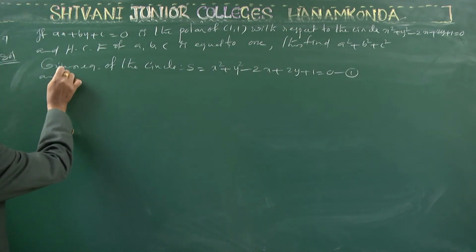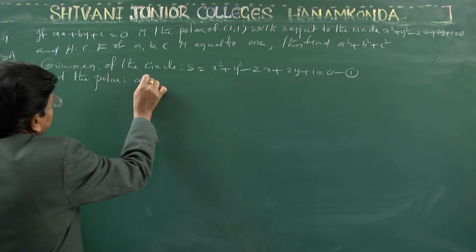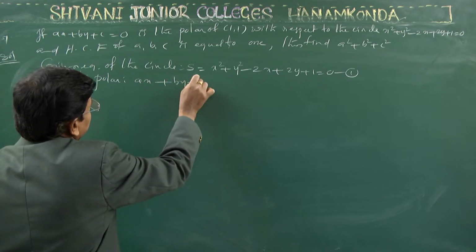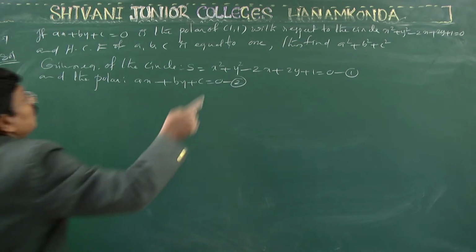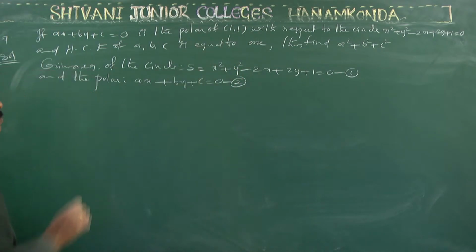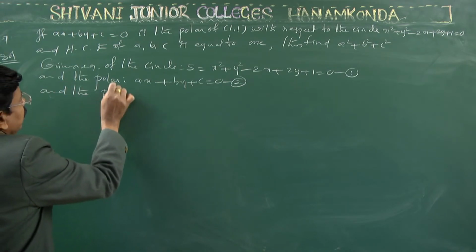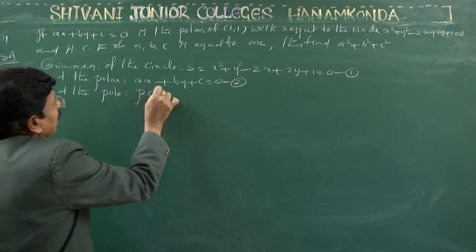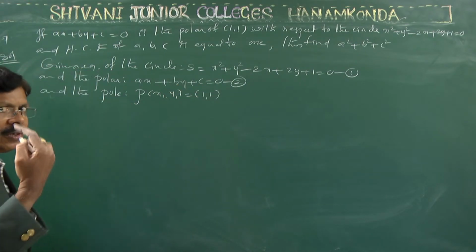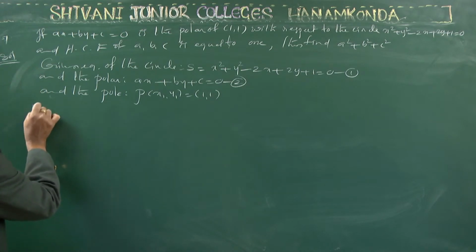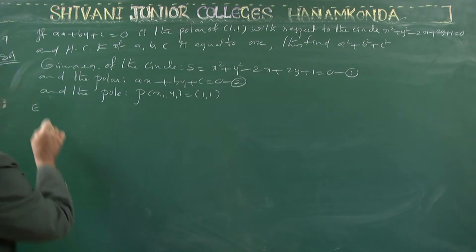And the polar, ax plus by plus c is equal to 0, equation 2. And the pole already given, P of x1 y1 is 1, 1. Now according to theory part, to find the equation of the polar, right?